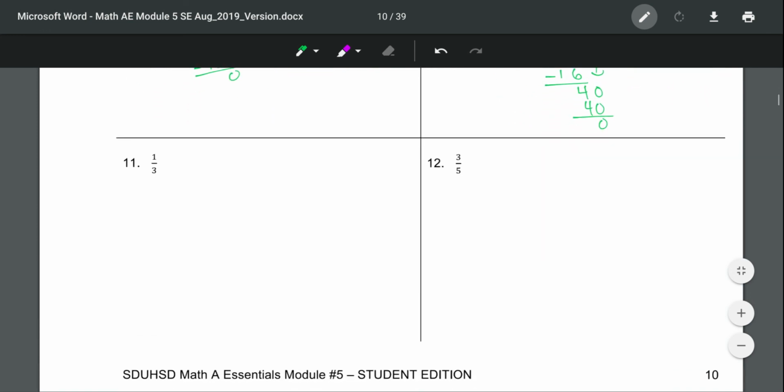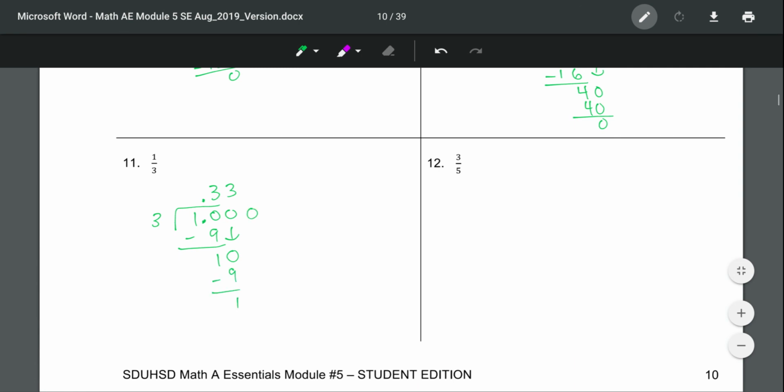Okay, number 11. Divide 1 by 3. 3 doesn't go into 1 evenly, so add a decimal point, add a 0. 3 goes into 10 3 times. 3 times 3 is 9. Subtract 9 from 10, you get a remainder of 1. Add a 0, bring it down. 3 goes into 10 3 times again. 3 times 3 is 9.